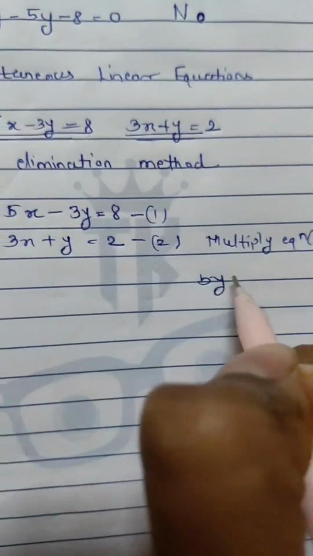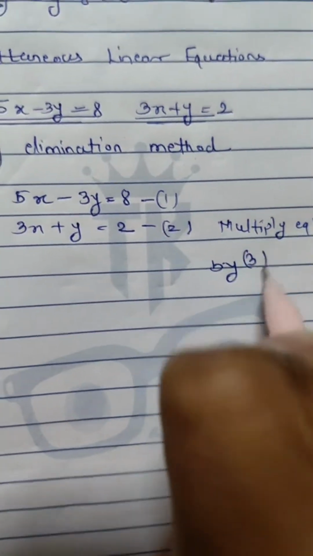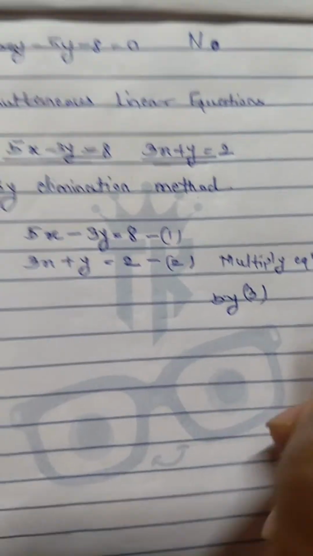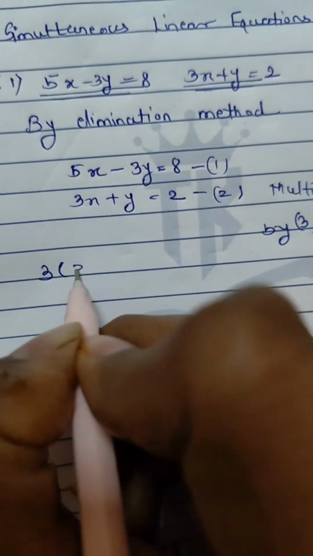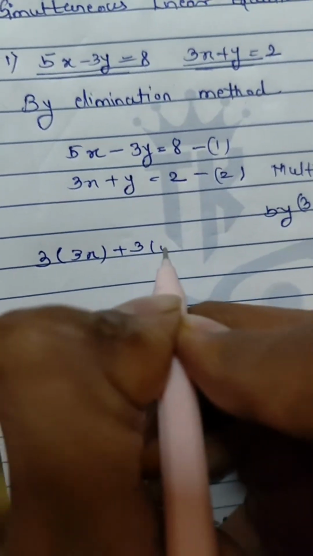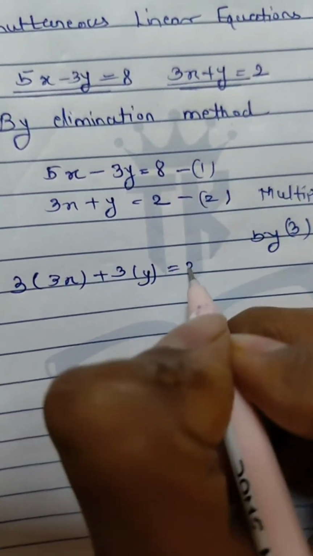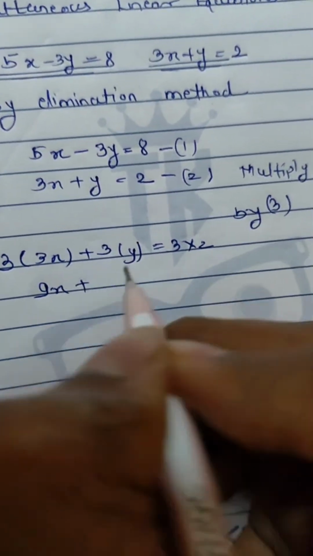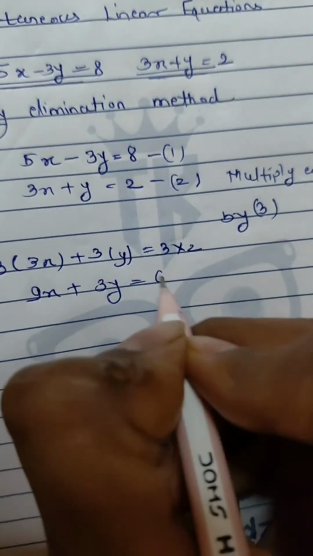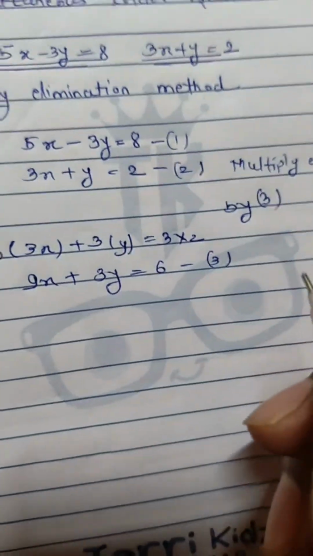We can eliminate y, so we multiply equation 2 by 3. 3 multiplied by 3x plus 3 multiplied by y is equal to 3 into 2. So here it will be 9x plus 3y is equal to 6, which is equation 3.